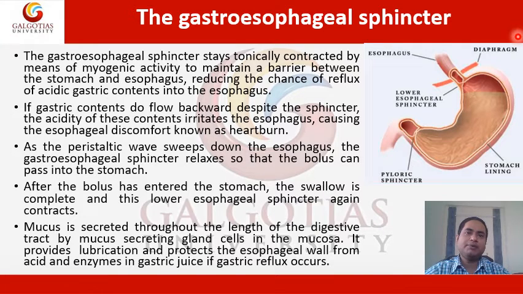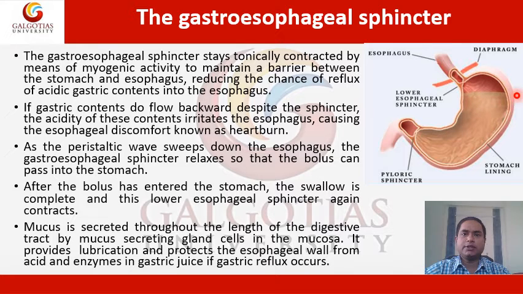As the peristaltic wave sweeps down the esophagus, the gastroesophageal sphincter relaxes so that the bolus can pass into the stomach. After the bolus has entered the stomach, the swallow is completed and this lower esophageal sphincter again contracts.